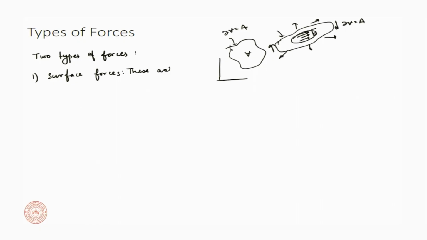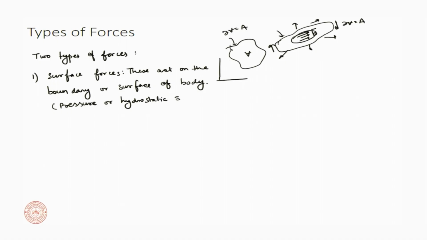These act on the boundary or surface of a body, and say one small example could be a pressure force or hydrostatic stress. You can also have shear stress. These are all surface forces or surface driven effects.